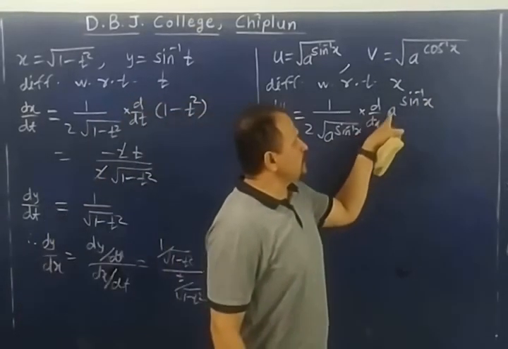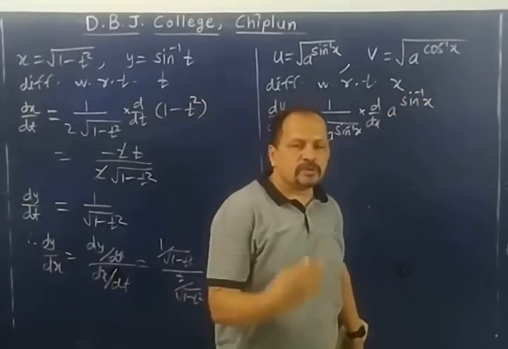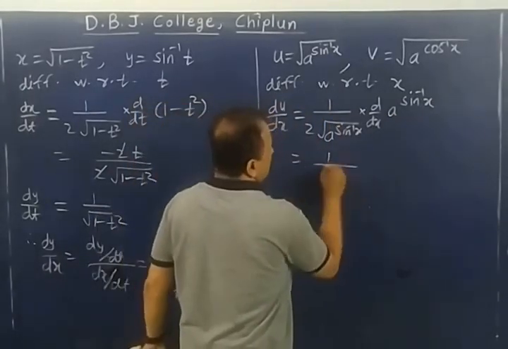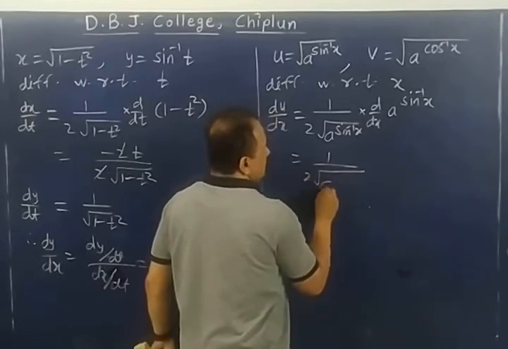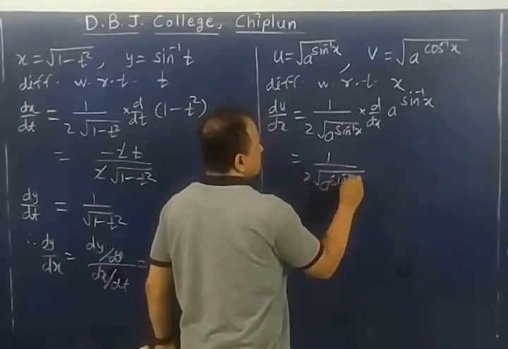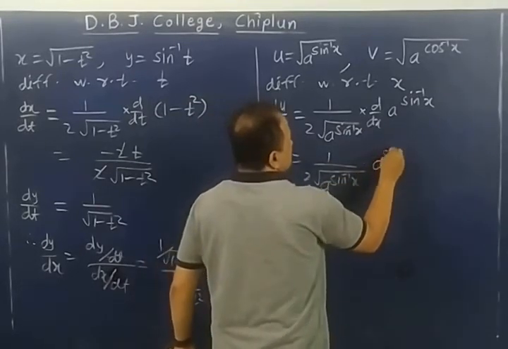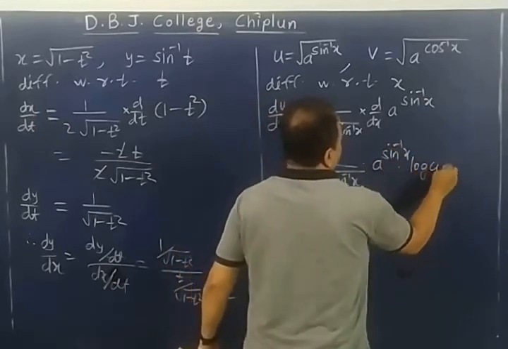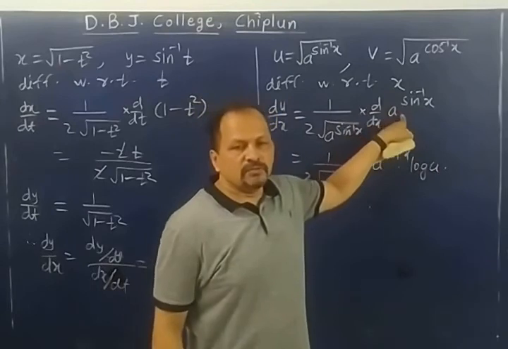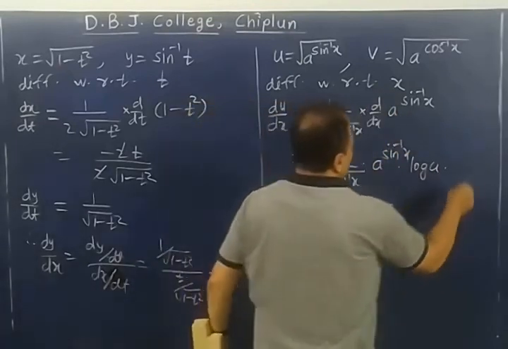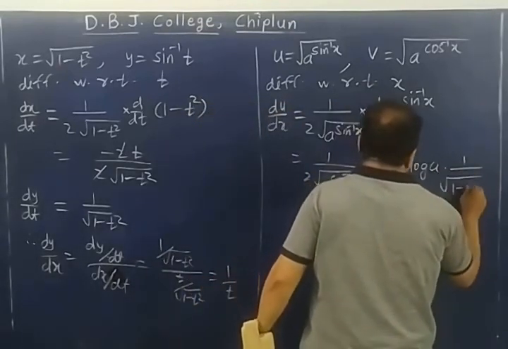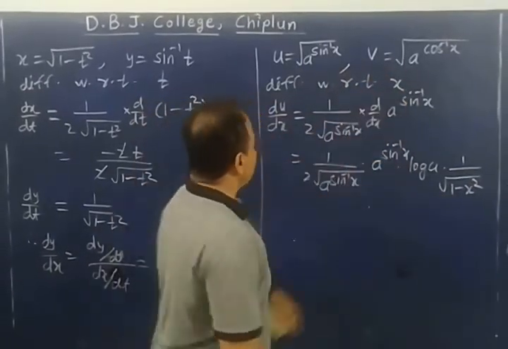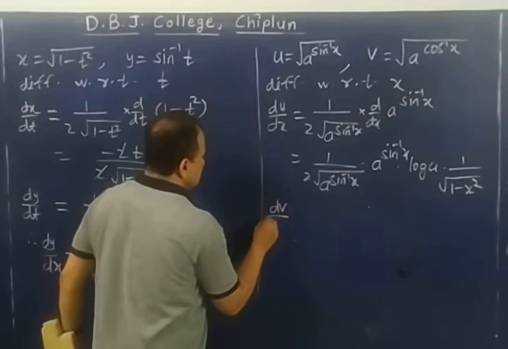Derivative of a raised to bracket is log a into derivative of bracket. 1 upon 2 under root a raised to sine inverse x into a raised to sine inverse x into log a into derivative of sine inverse x, which is 1 upon under root 1 minus x square. On the same lines, I can find dv by dx.